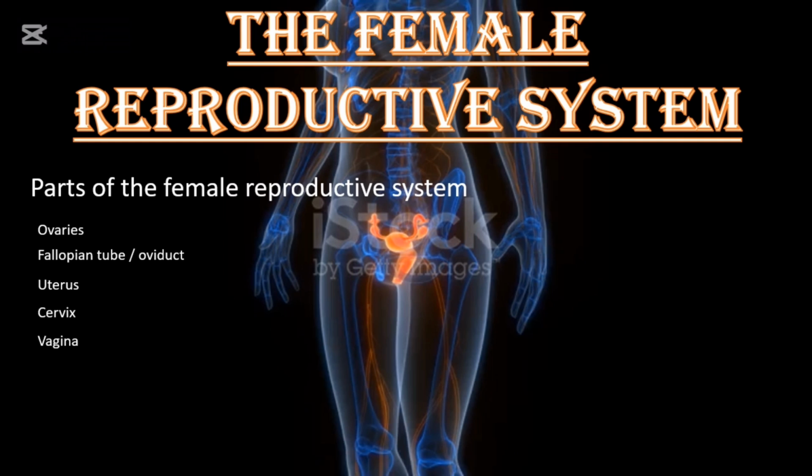So the female reproductive system is made up of the following parts. Kindly note the location of each of these parts.